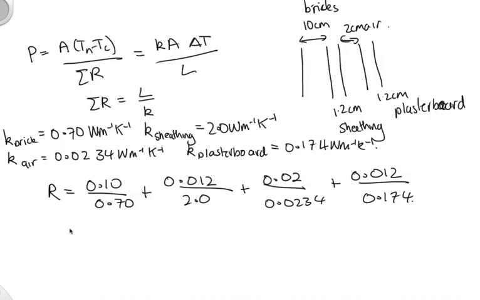So solving this on the calculator, we end up with 1.073 meters squared kelvins per watt. And so that's the R value for this wall.